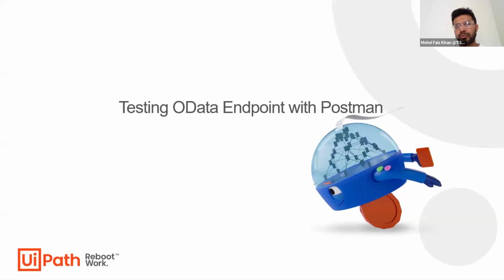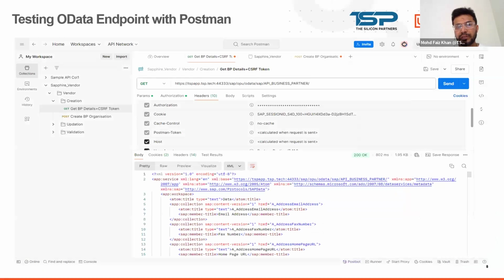Once you have got all these details from your organization or from any client, the first thing you have to do is install Postman or any API testing application. In today's session, we are going to cover Postman.